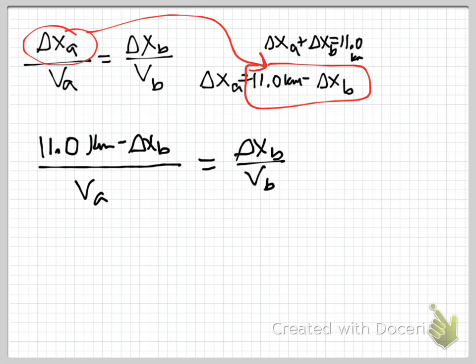It's some algebra to get there, but we can do that because we have values for v sub A and v sub B, and we can rearrange and isolate delta x sub B. Do you want a minute to do that?